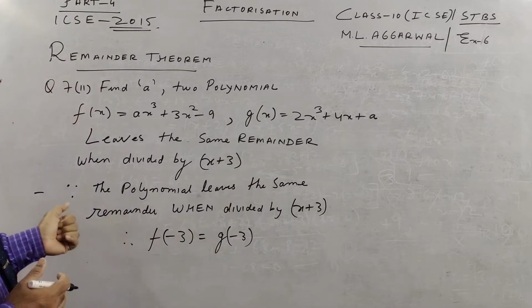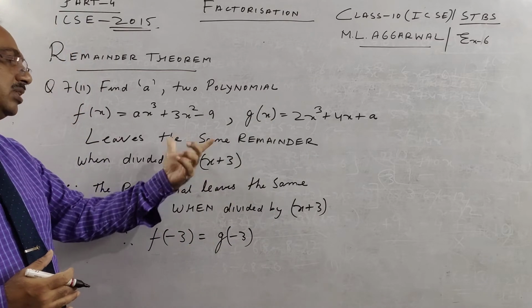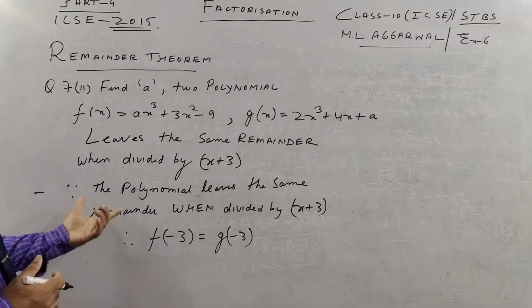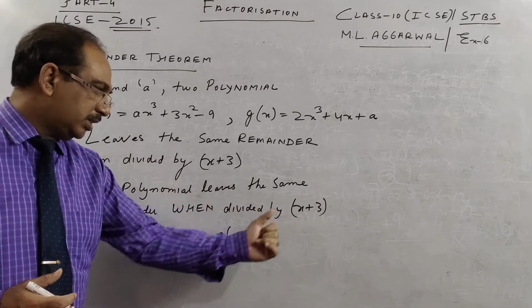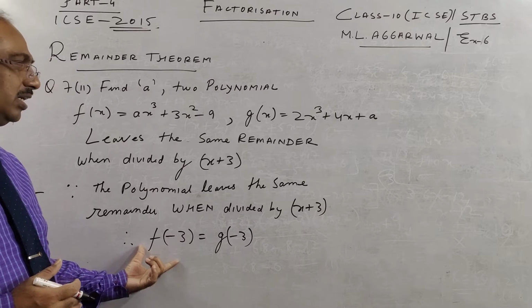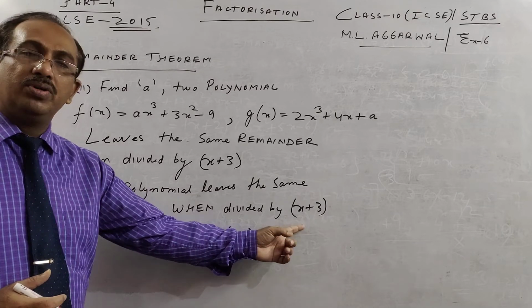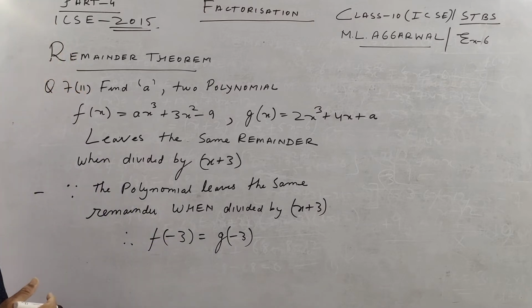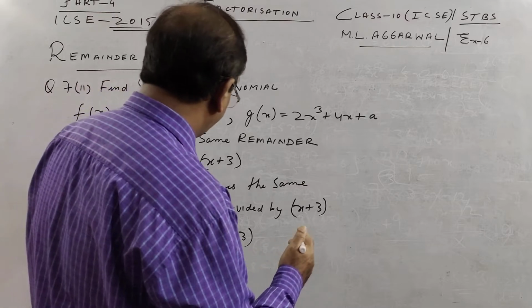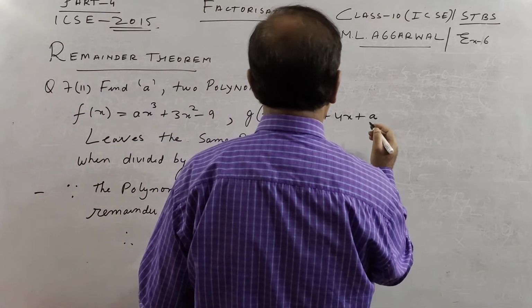This is the way we do it. When divided by x plus 3, they leave the same remainder. So the polynomials leave the same remainder when divided by x plus 3. That means f(-3) is equal to g(-3); I told you we change the sign. So you can write by remainder theorem. So here we start, f(-3).